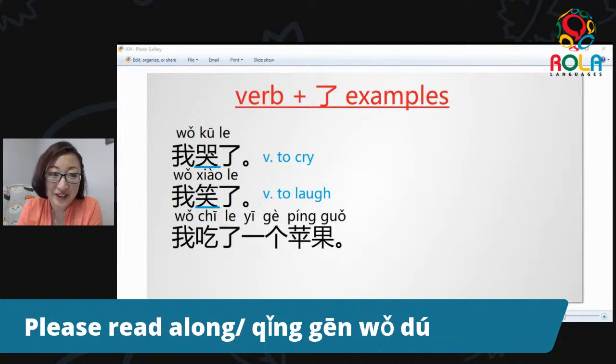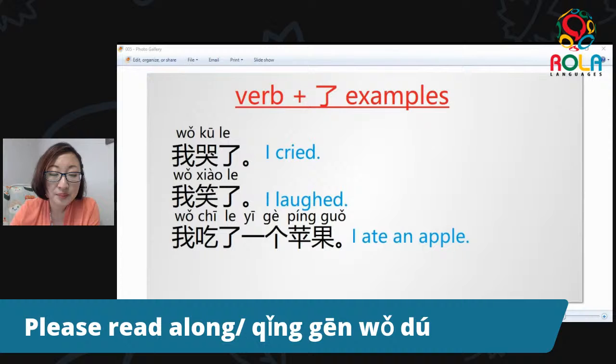It means to laugh. And the last one, it's a longer sentence. So 请跟我读, pay attention. 我吃了一个苹果. 我吃了一个苹果. Okay, this sentence, albeit long, does not have any new words. At least I don't think so. So let's look at what these sentences mean.